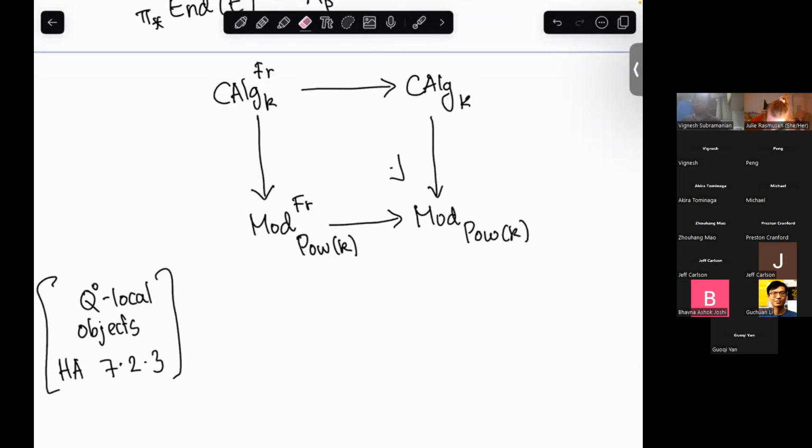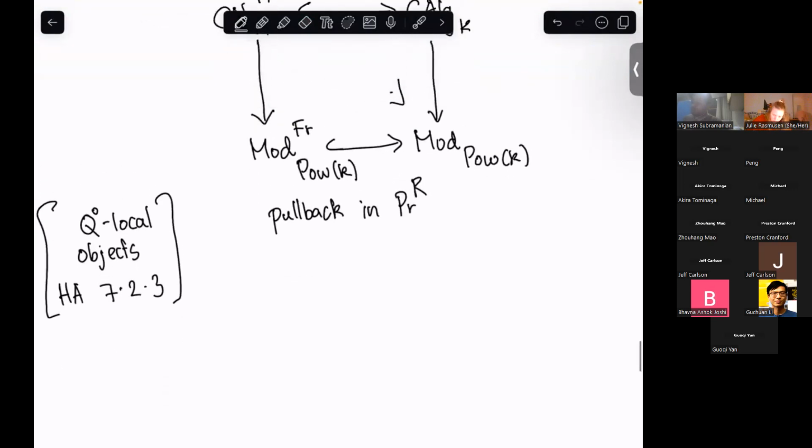This pullback can be defined in the category of all presentable categories with right adjoint functors as morphisms, PRR. The first thing it tells you is that because this is fully faithful, the top arrow is also fully faithful, and you get a perfection functor for free.